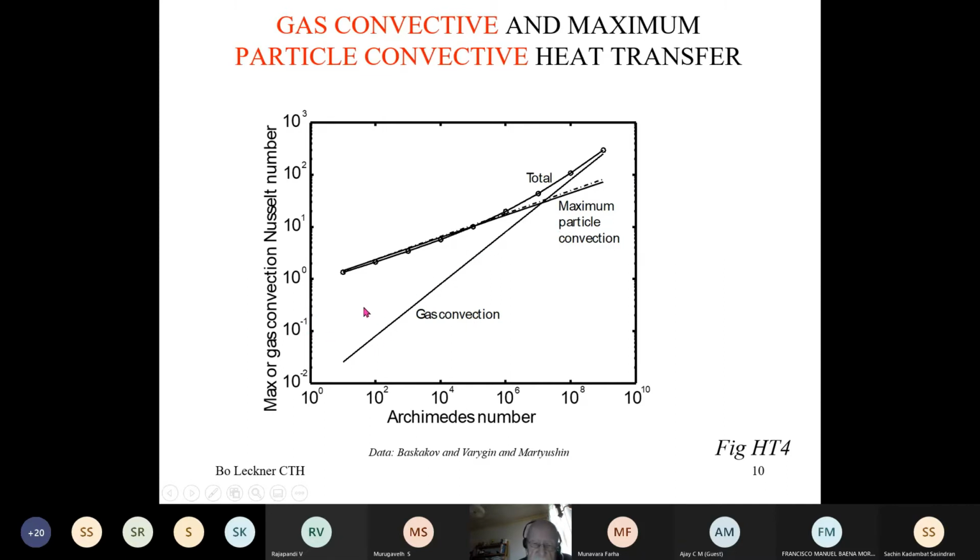It's a logarithmic scale here. Only at large particles does the gas convection become of the same size and even larger than the particle convection. But the field of interest in our cases is in this range of particle sizes. So in most cases, gas convection is not so important.